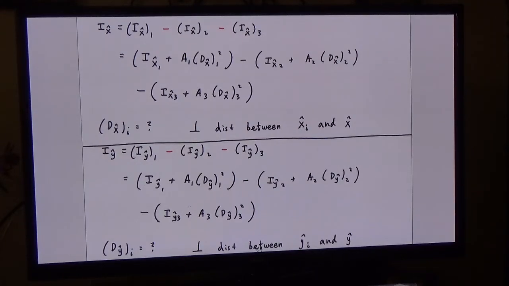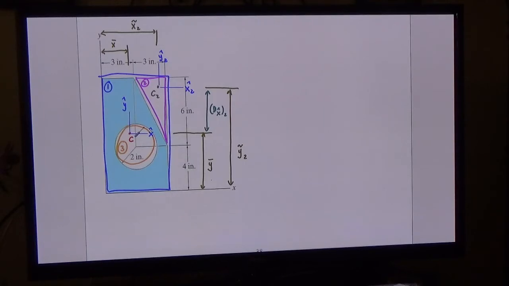So for dy hat I, that's the missing term in this equation, because we've already specified these for each of the parts and the areas for each of the parts as well. So now we're looking for the perpendicular distance between the y hat for the part and y hat for the body. Using the same figure, we can calculate it exactly.